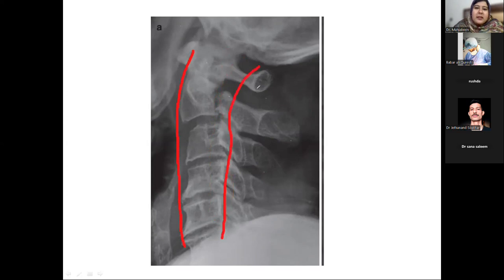Here in the interspinous and supraspinous, I'm sorry, I'm not able to draw. The point that I want to make is that there is no alignment in this particular set. So there is dislocation or subluxation of C2 over C3, number one, and number two, there is a fracture of the pars interarticularis of C2. So this is a type of fracture that's known as the hangman's fracture.